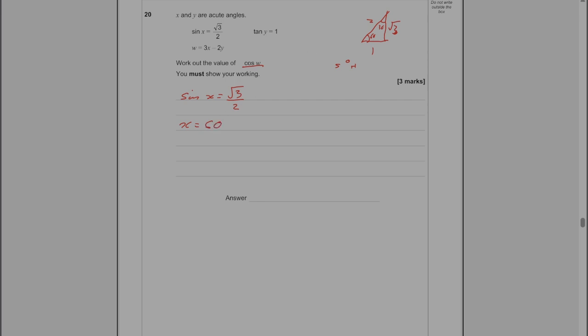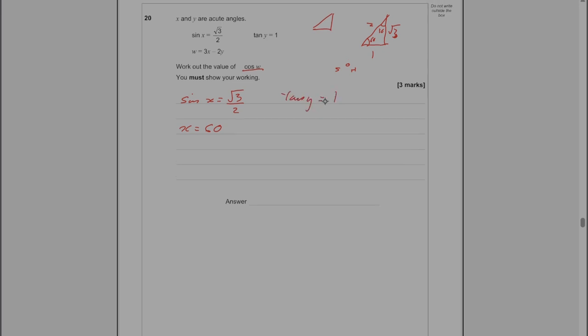For the other one, we're relying on the 45 one. So if tan of y is equal to 1, then y must be equal to 45. Right, let's hope this works out.